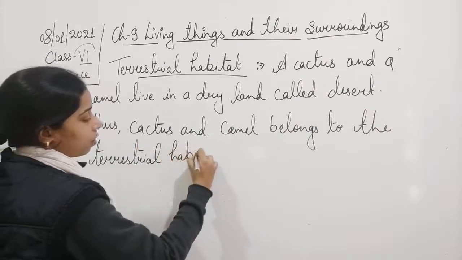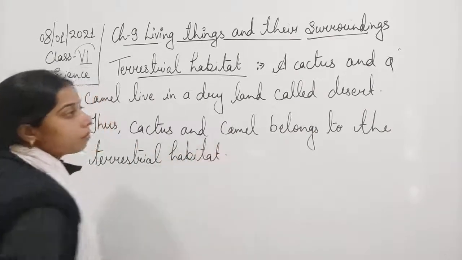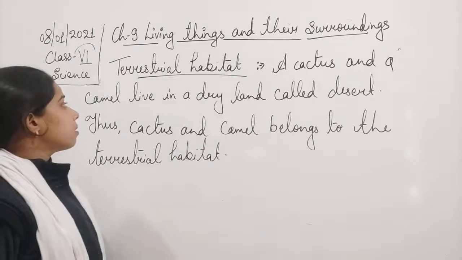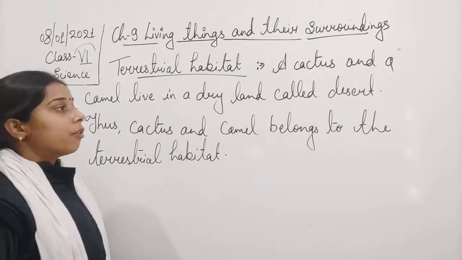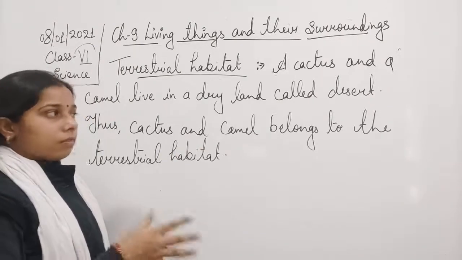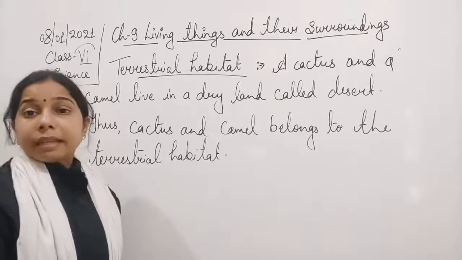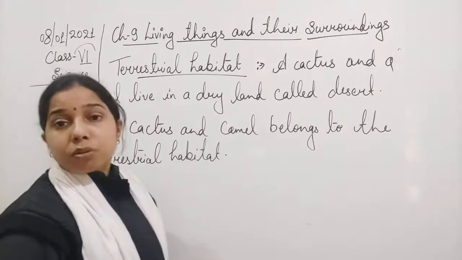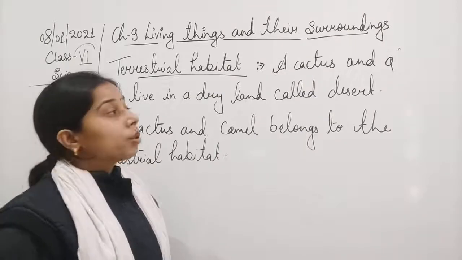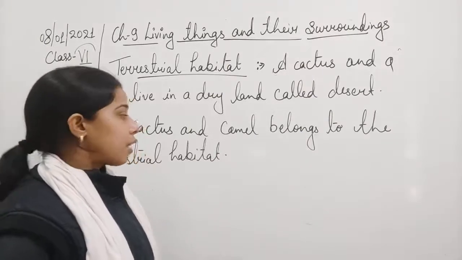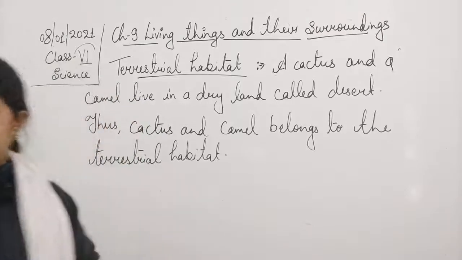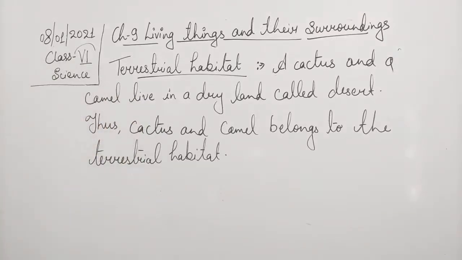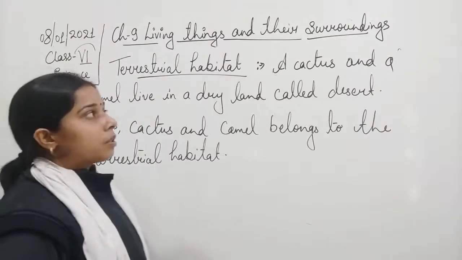Cactus is there, camel is there, they live on dry land, and that dry land is a desert, and we know that an example of the terrestrial habitat is desert also. So all the plants or animals who live in the desert area come into the terrestrial habitat.